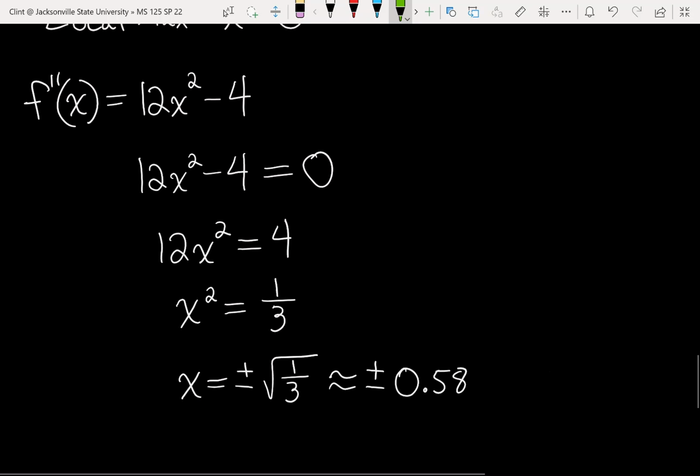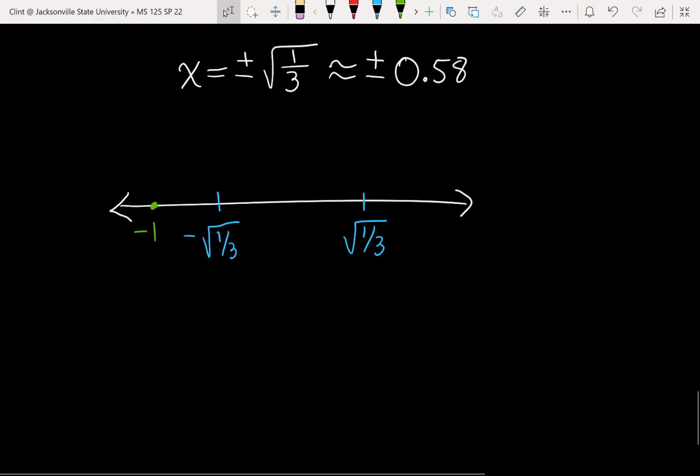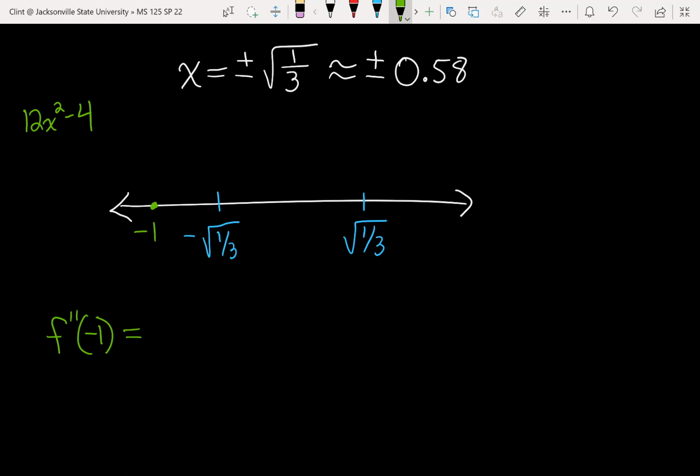We've got 12x squared minus 4, our second derivative. If we plug in negative 1, it will be positive 1 when we square it, so 12 minus 4, that's positive. Then we need something in between, and 0 is a good choice.